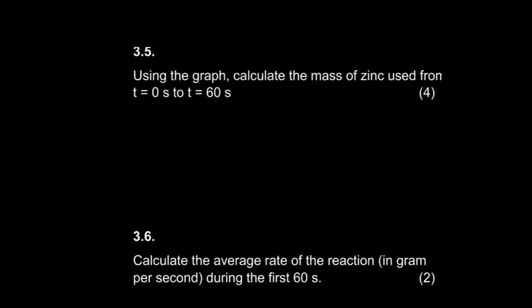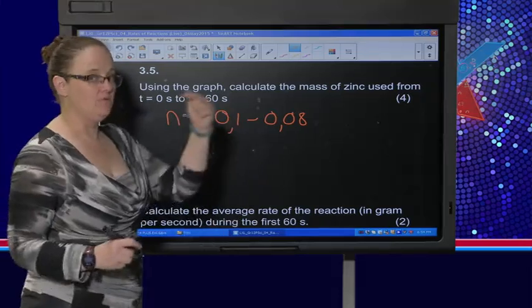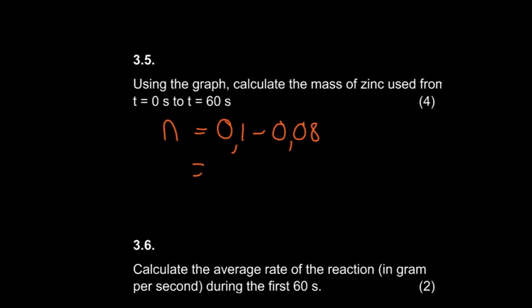This is stoichiometry. First thing we have to work out is how many moles of zinc were used. So the number of moles is going to be 0.1 minus 0.08. I had 0.1, and I have 0.08, which means, because we use our calculators, we've used 0.02 moles.